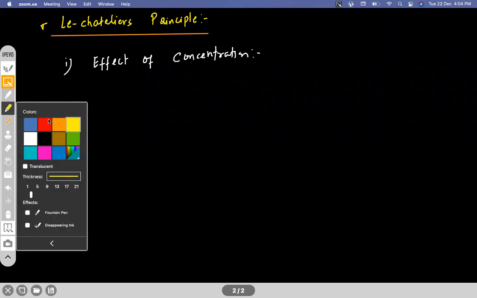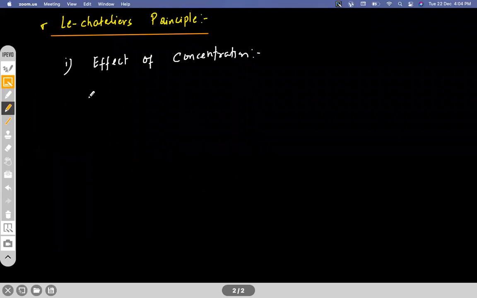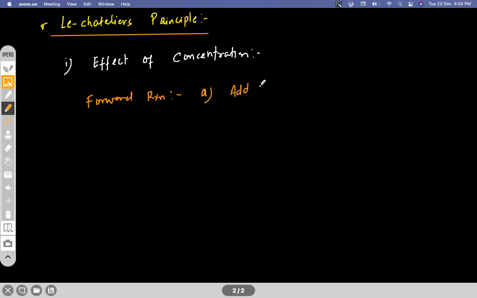We had discussed that the reaction proceeds in the forward direction in two conditions: first, when you add a reactant molecule, and second, when you remove a product. Under these two conditions the reaction proceeds in the forward direction.